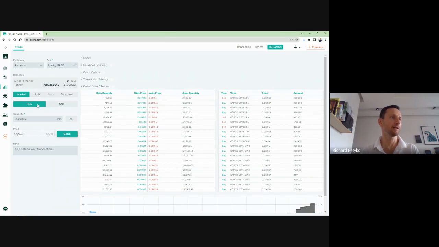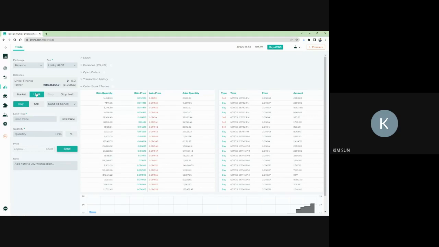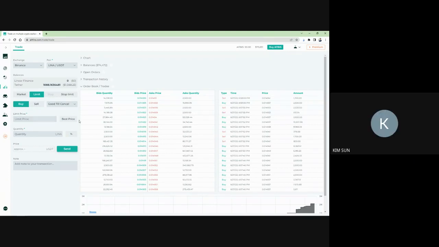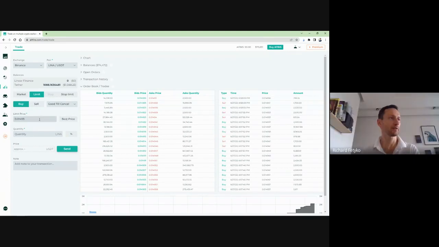So I'm going to buy when I use a limit. Okay, and I'm going to say, what's the best price right now? Here's the best price. I'm going to say, okay, I'm willing to take a slightly worse price than that, just very slightly.